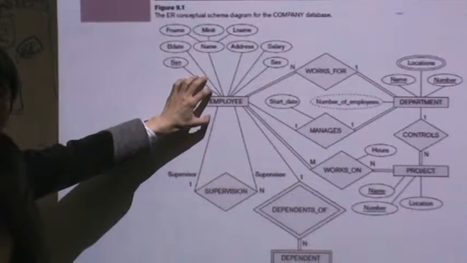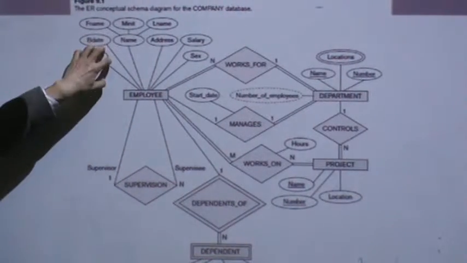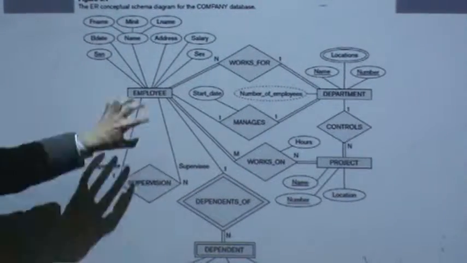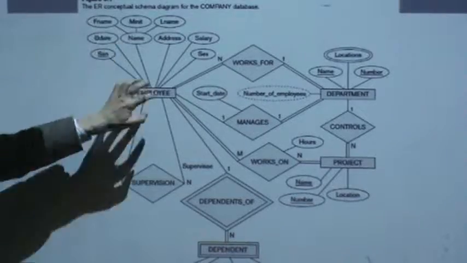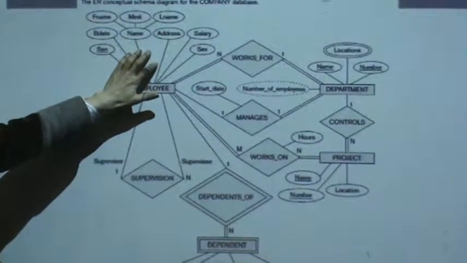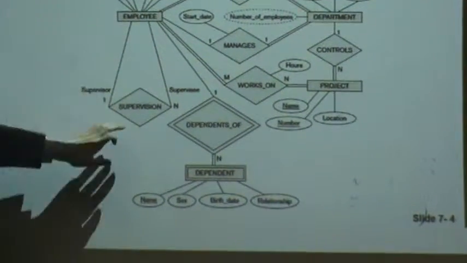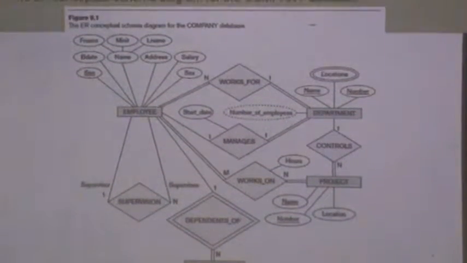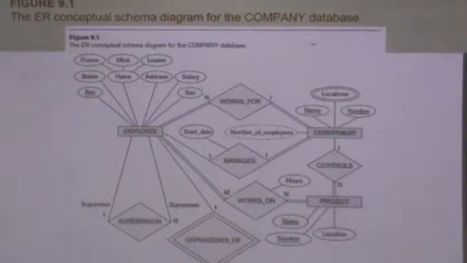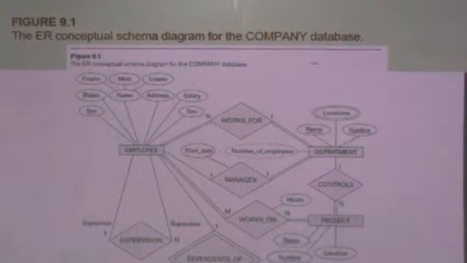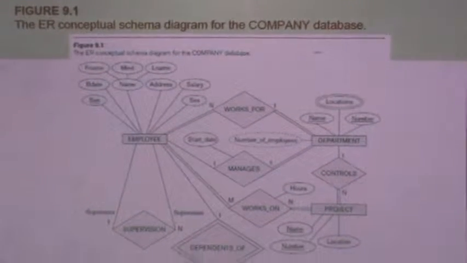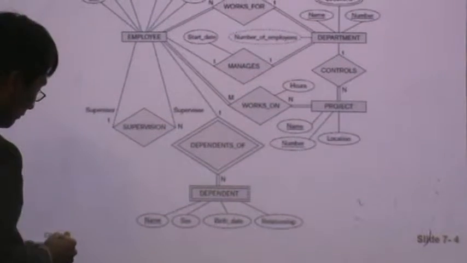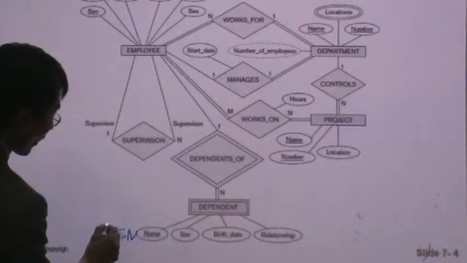So for a weak entity, what is the primary key? The partial key plus the primary key of the identifying entity. In this case, social security number plus name. One more thing: you need to create a foreign key. Because this SSN, to differentiate, you can use ESSN.